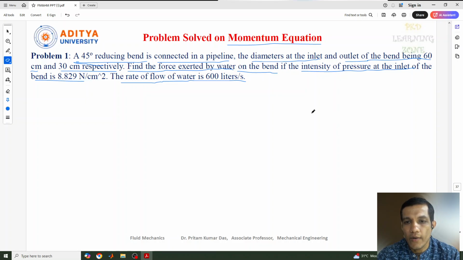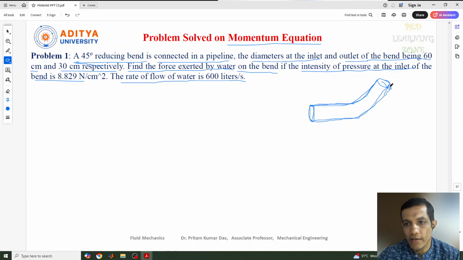So immediately what we'll do, we can draw a diagram of the bending pipe which is connected to a pipeline. It should look like this. Here, the diameters are different.